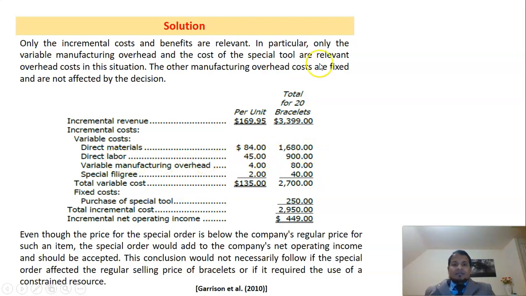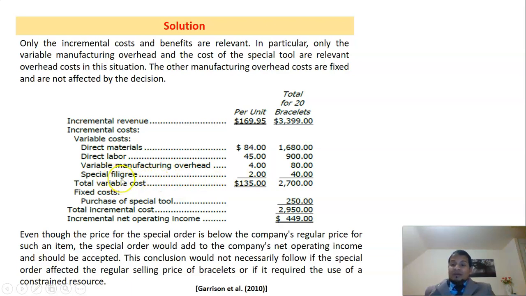Direct labor 45 multiplied by 20 is 900. Variable manufacturing overhead is 4 per unit, so multiplied by 20 is 80. As the question says, out of 20 manufacturing overhead, only 4 is variable. So this 4 only we need to consider. The remaining 16 is not relevant.